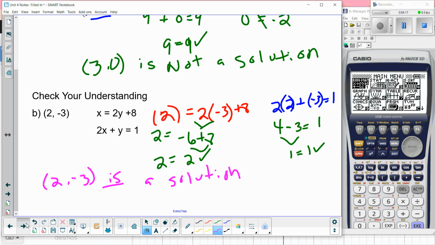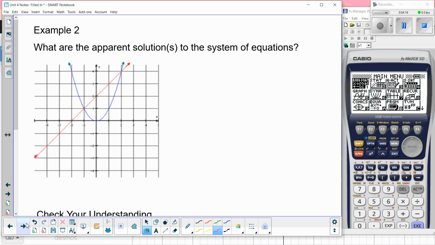All right, now we're going to look at seeing our solutions on our graph. So our solutions are where our graphs intersect. So that first point in quadrant 1 is at (2, 4), and our other point in quadrant 2 is at (-1, 1). All right, you try.